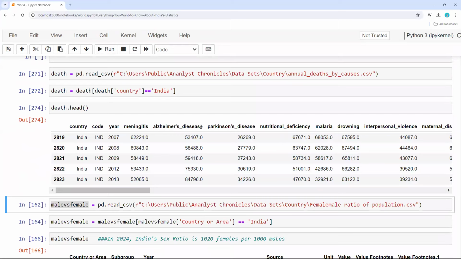Here you can see Alzheimer's disease, Parkinson's disease, nutritional deficiency.